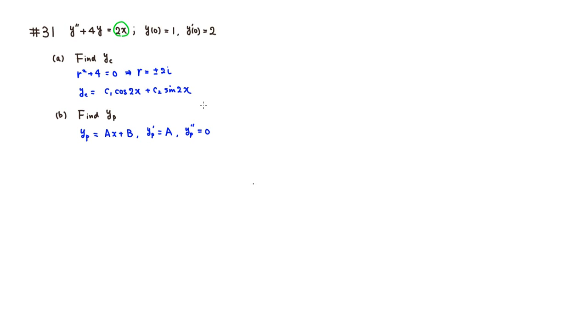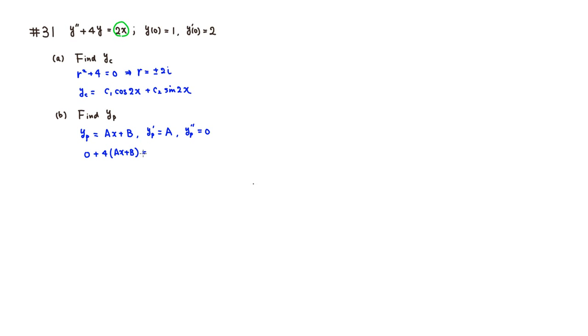So all we have to do is plug those things into the original equation, see what kind of condition we can get. So y double prime is actually 0 plus 4 times y. Y is just ax plus b, and which has to be equal to 2x.